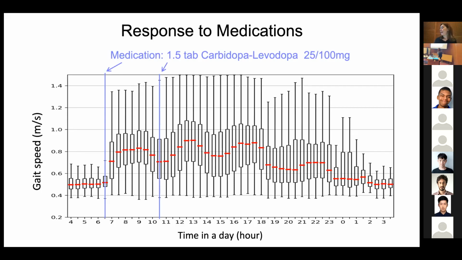Then again the medication wears off, so he takes the third dose and the fourth dose. Every peak is associated with one dose of his medication. So if the doctor, for example, removes this dose, this peak will disappear. And we actually see that in our data when the medication changed.